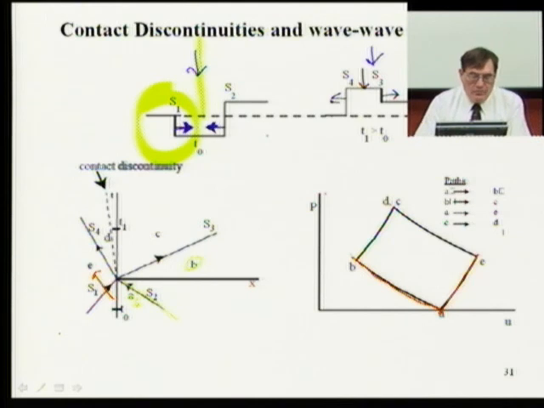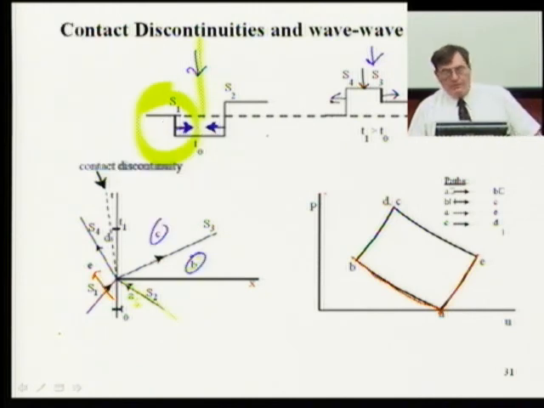Once we get to state B, from B to C we cross a forward-facing shock in the same material. Again, remember, this is all the same material. So you have to go from B to C in a forward-facing shock, so you have to reflect the PU curve at this point and get a PU curve from here up in this direction.